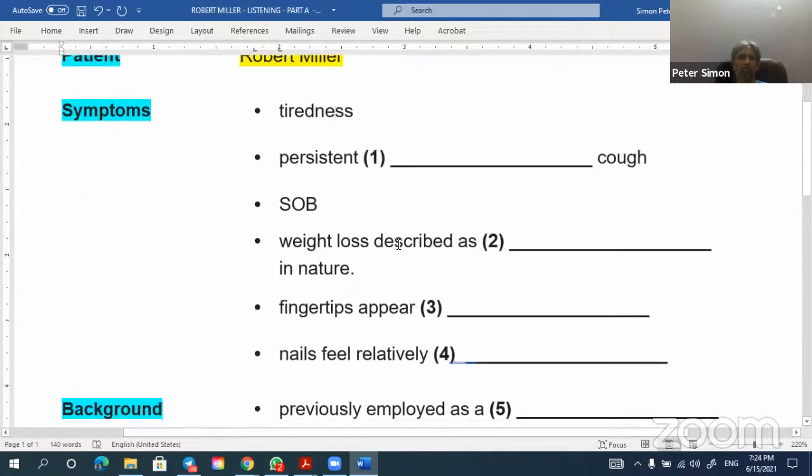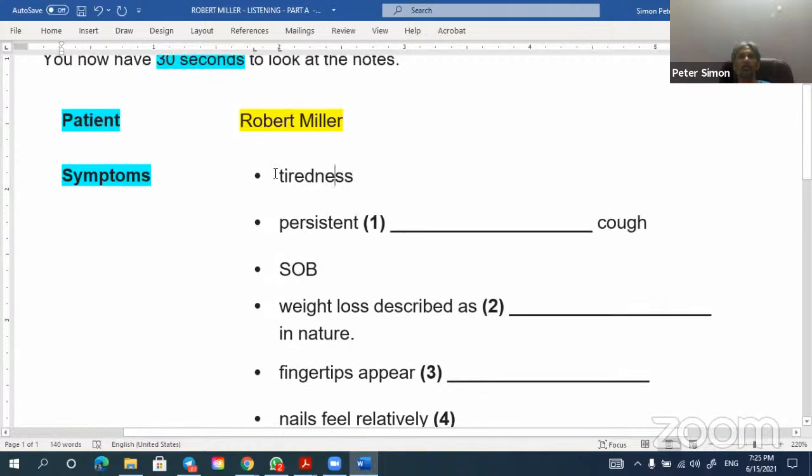The first one is tiredness. The second one is persistent dry cough. Tiredness is already given. There is nothing there to find out. This is the word cough.